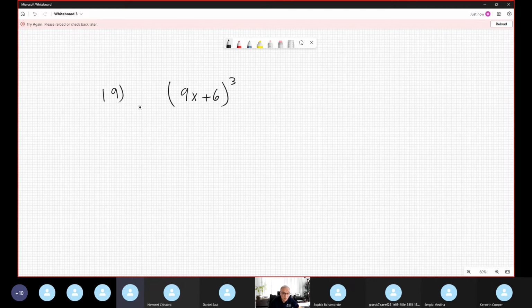Okay, so now I know the formula. The formula is the summation, k from 0 to 3, of the combinatorial number n choose k, or in this case, easy Pascal, times A to the n minus k, times B to the k. It's a general formula. Our specific example has 9x.